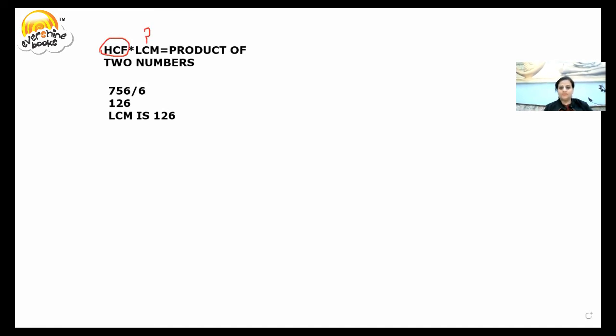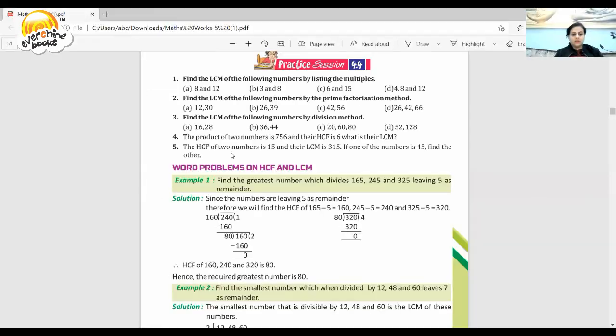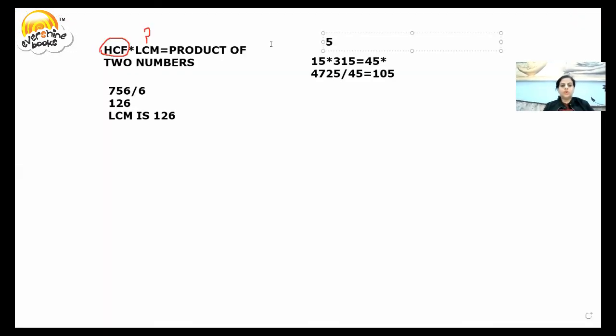Okay, got my point? Now the fifth point is: the HCF of two numbers is 15, just the opposite of that number, and their LCM is 315. If one of the numbers is 45, find the other. For this again we have to share the whiteboard. Here we know the HCF, we know the LCM also.